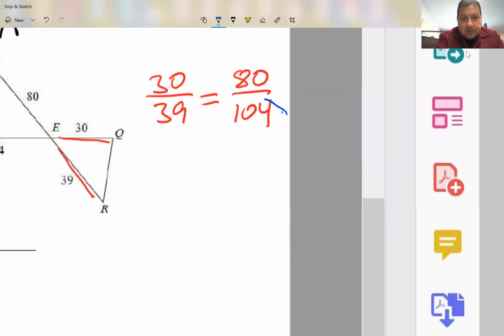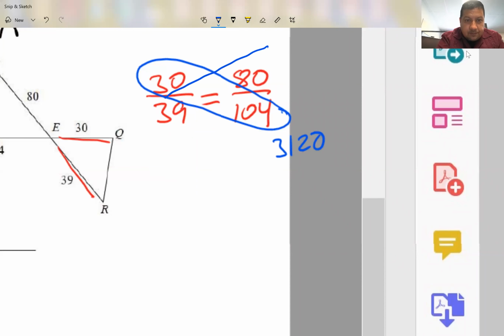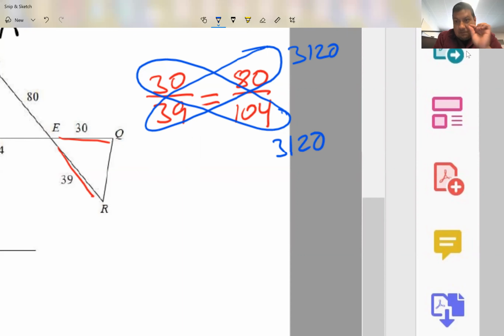Then I'm going to cross multiply. 30 times 104 is 3,120. And this other way, 39 times 80. I'm using a calculator, and it gives me 3,120. I got the same number. My sides are proportional. I could have simplified, but I can also cross multiply.